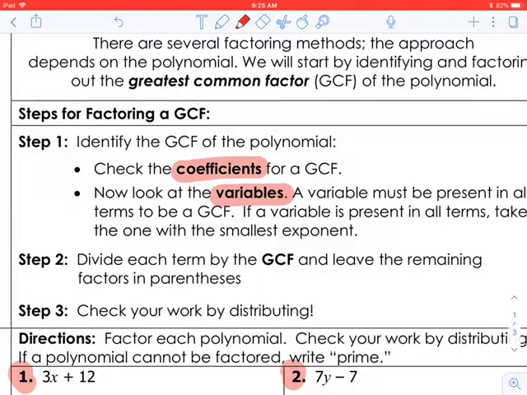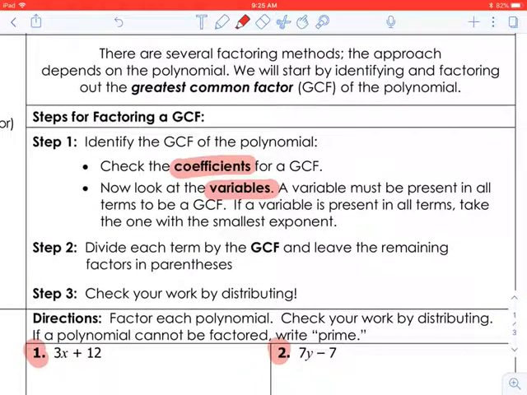A variable must be present in all of the terms to be a GCF. Okay? If a variable is present in all terms, take the lowest amount of things. So it's like saying if everything has at least 2, you're going to take 2 out, not anymore. Okay? So divide each term by the GCF and leave the remaining in parentheses.